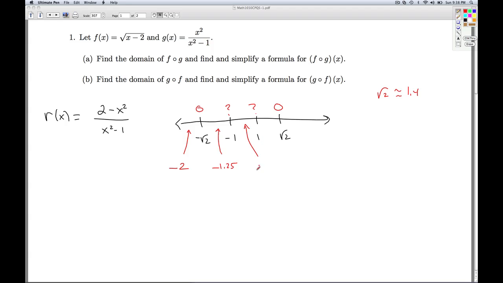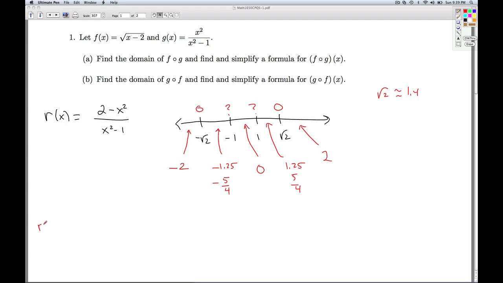Something between negative 1 and 1, 0 will work. Something between 1 and square root 2, 1.25. Something bigger than square root 2, say 2. Alright, so 1.25, negative 1.25, it all depends on if you like fractions or decimals. I'll put both of them there.